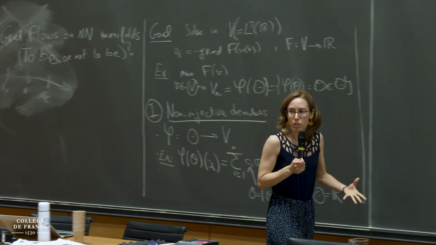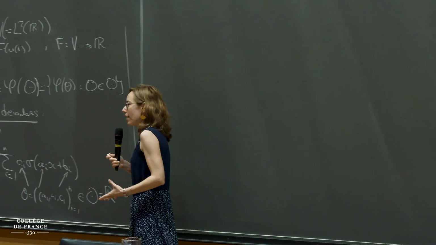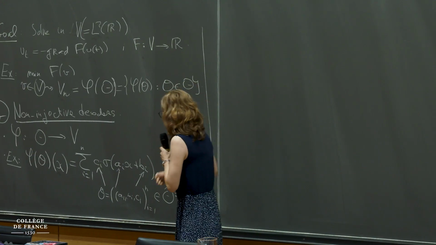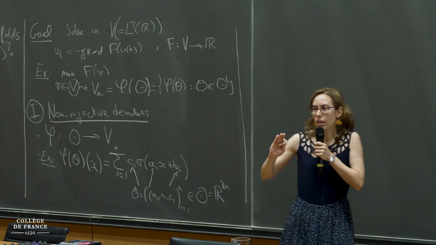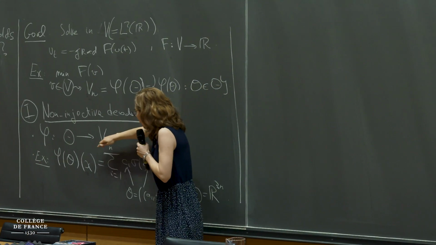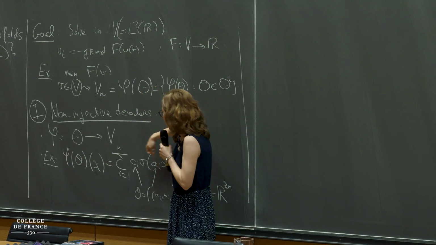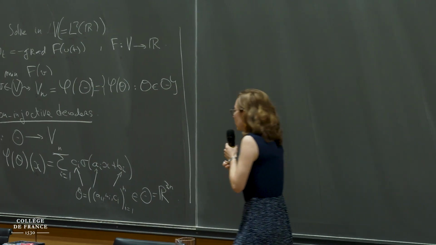It looks like a manifold, and almost for everything, it is going to behave like a manifold. So if I assume that sigma is C infinity, no problem of differentiability. So my mapping here is differentiable in the parameters. Everything is fine. But what happens?